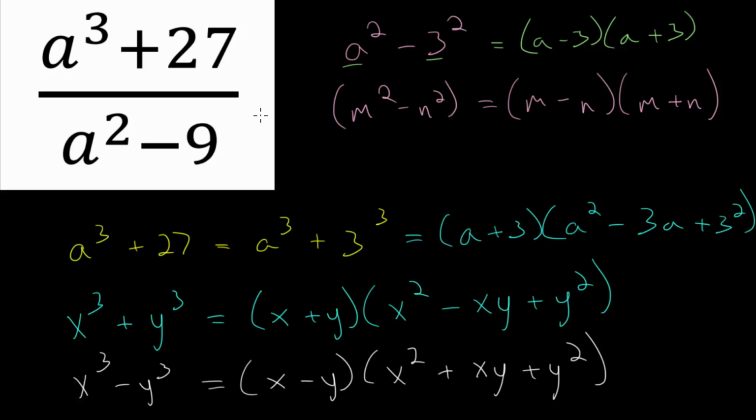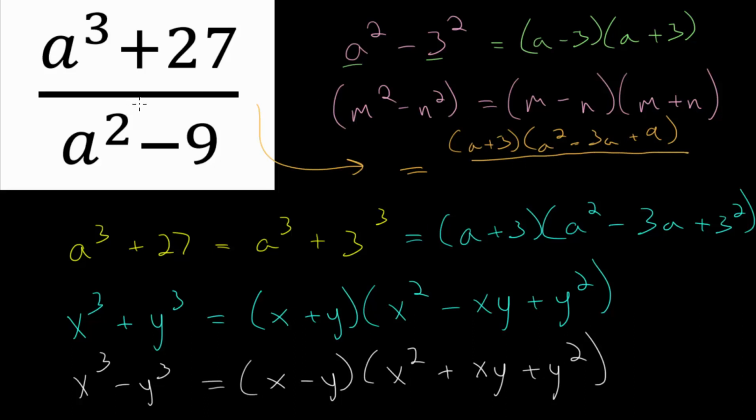And at this point, we can set this original rational expression into its factored forms. So in the numerator, we have a plus 3 multiplied by a squared minus 3a plus 3 squared, or we can just write that as 9. And in our denominator, we had that difference of 2 squares, which we factored to a plus 3 multiplied by a minus 3, or we could switch the order if we want.